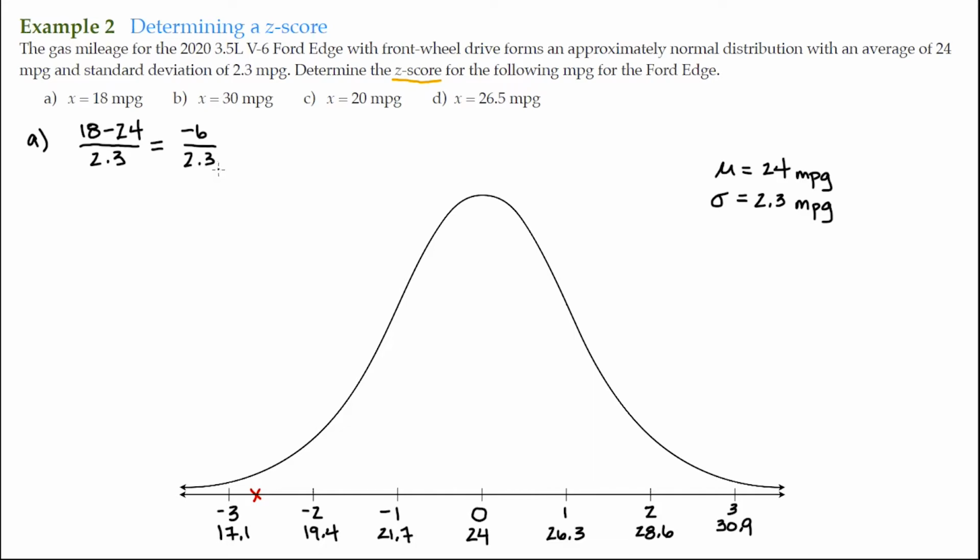So -6 divided by 2.3 is approximately, and we're going to go with 4 decimals, -2.6087. 4 decimals is a nice number to deal with. Since it's negative, it's below the average. And that looks like it's about 2.6087 below the average.